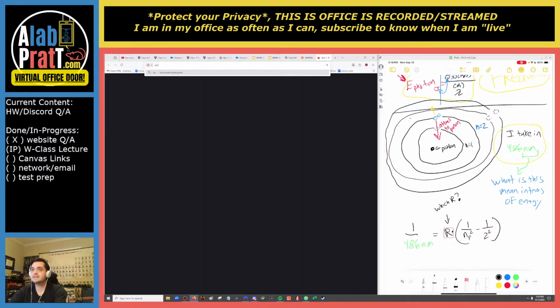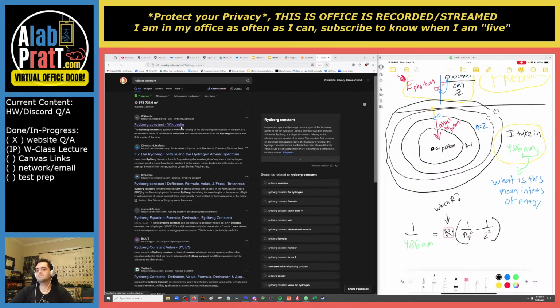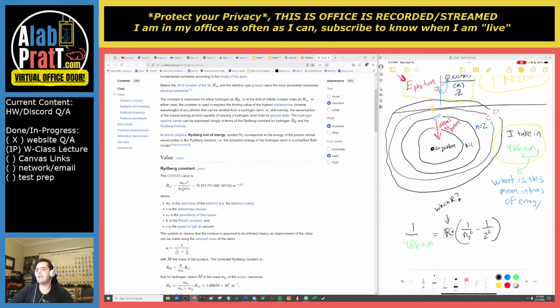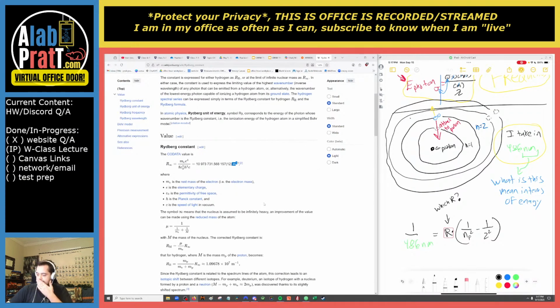And so if we find what R is, let's look up what R is. I'm going to be embarrassed and probably not spell it right. Okay, great. Here's one. So we have one that relates it to meters -1. So this is kind of helpful. And so the R here is, let me see if I can simplify it.